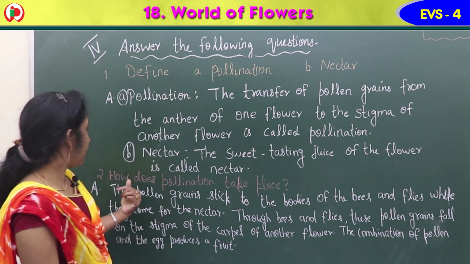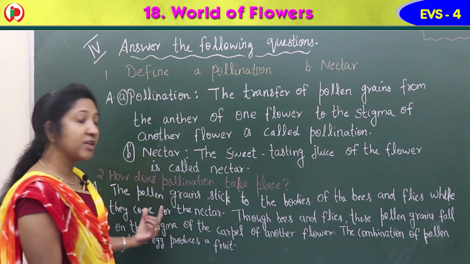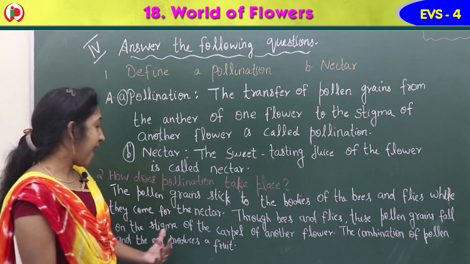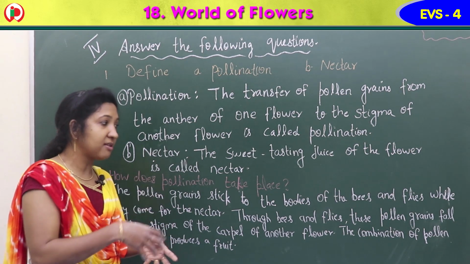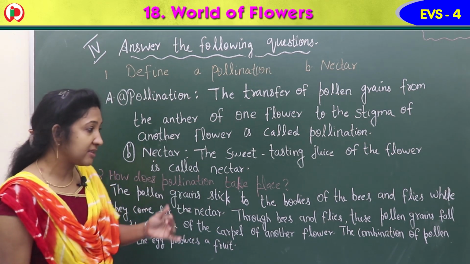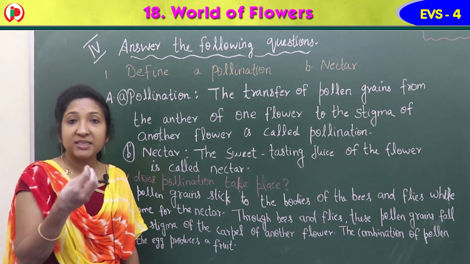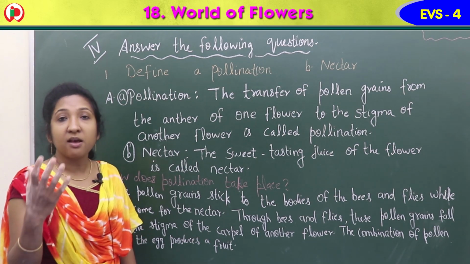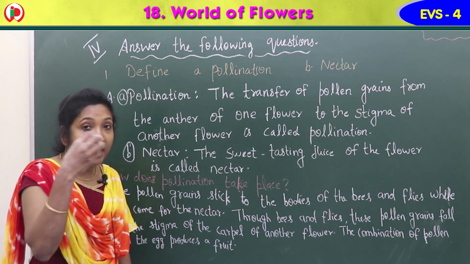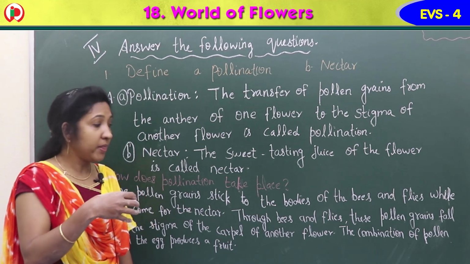Okay. Second, how does pollination take place? Answer: the pollen grains stick to the bodies of the bees and flies while they come for the nectar. While these insects, like bees and flies, come to suck the juice or feed on the flowers for juice, what happens?